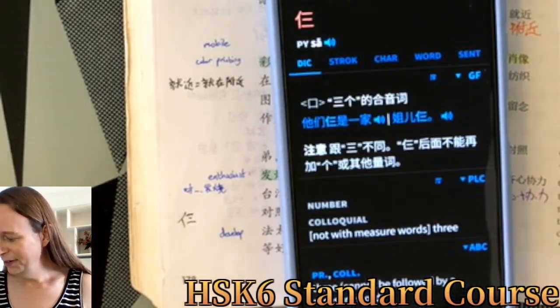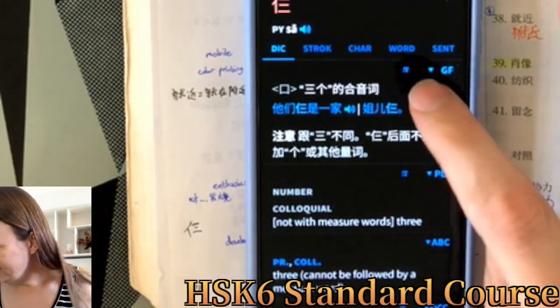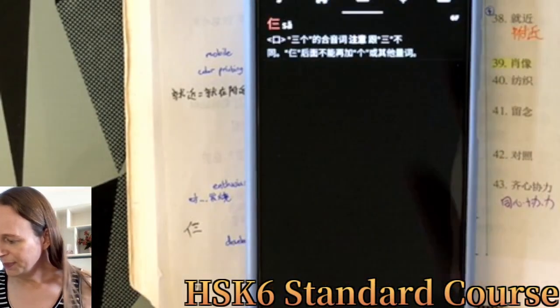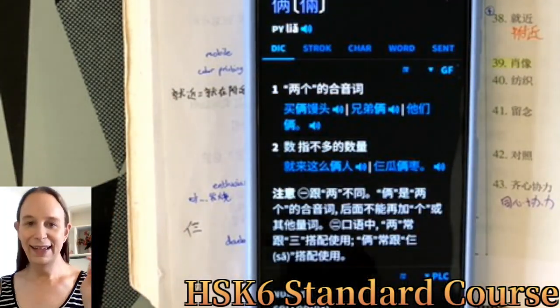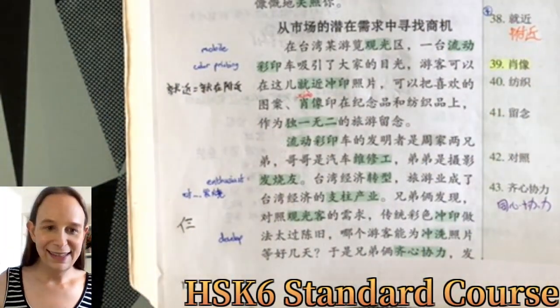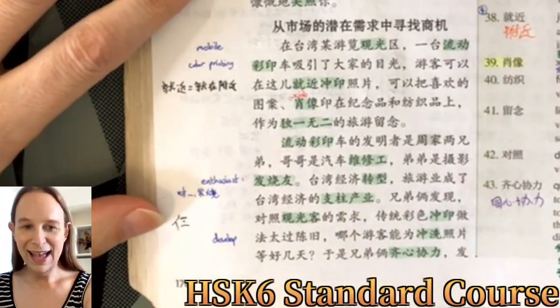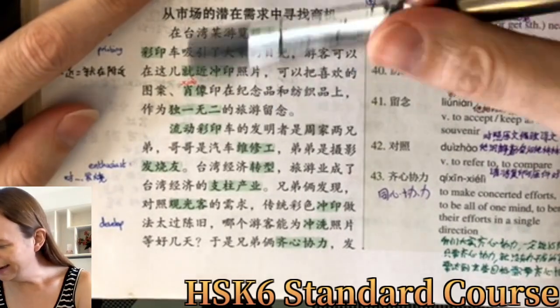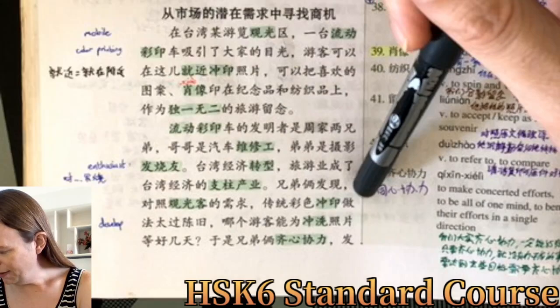Sa, yeah, first time. 三个的合音词，两个的合音词，yeah. So 俩 and sa, 我们仨，yeah, just 两个，我们两个，我们三个，whatever. Where are we?